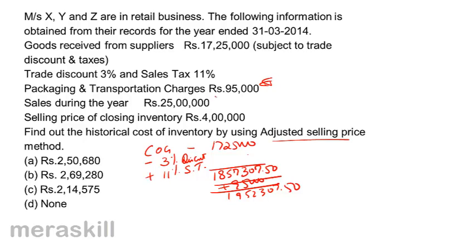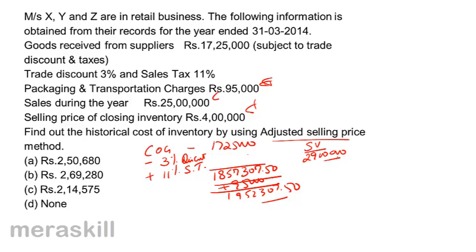On the other hand, the sales is 25 lakh and the selling price of the closing inventory is 4 lakh. So the sales value is 25 plus 4 lakh, 29 lakh, the total sale value of all these goods.